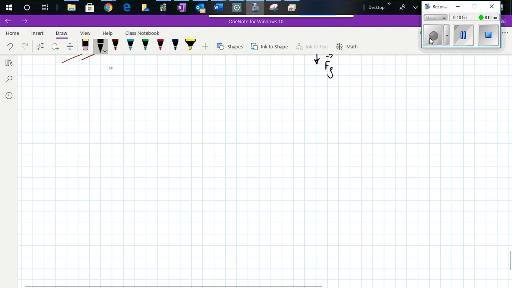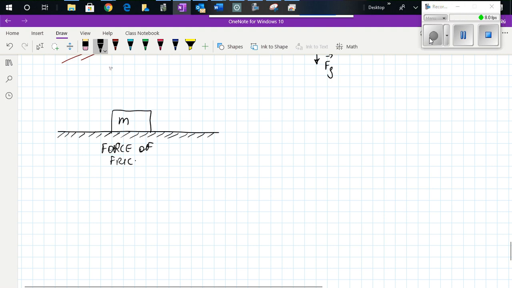Let's take another situation with a horizontal surface. Let's suppose that you have a horizontal surface with an object on it, an object with mass m. And then you have force of friction, so you have friction between the surfaces.